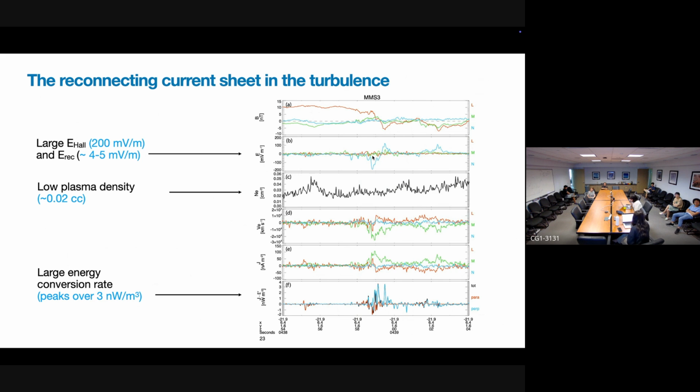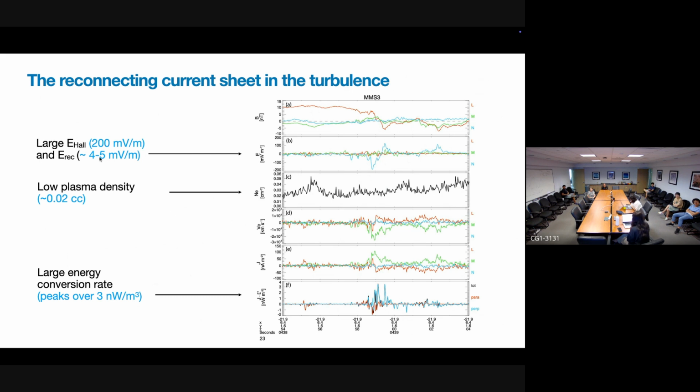At the current sheet crossing, this blue trace shows the very strong Hall electric field caused by the separation between ion and electron. And the blue trace, the EM component, is the important reconnection electric field we've been talking about. It's overshadowed by how large the EN component is, but the EM here, the reconnection electric field, is extremely high for a tail case like this.